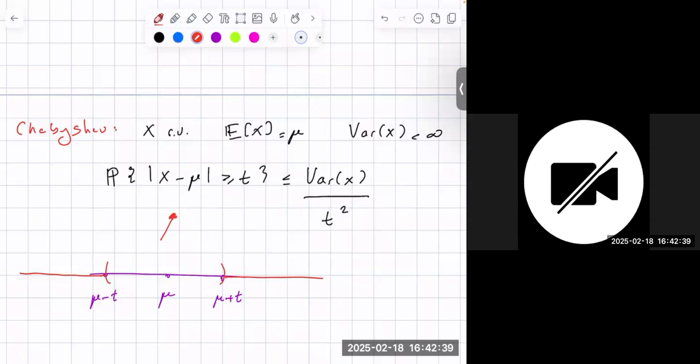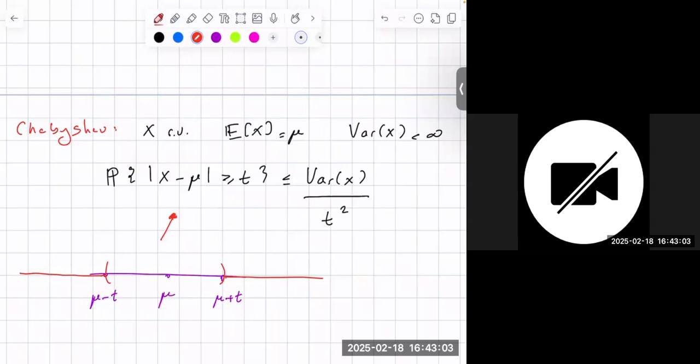Okay, what is the probability of going a little away from your expectation? This is what this means: x minus mu, absolute value, being bigger than t. It means either you're t or more above, or t or more below. Okay, that's what it means.